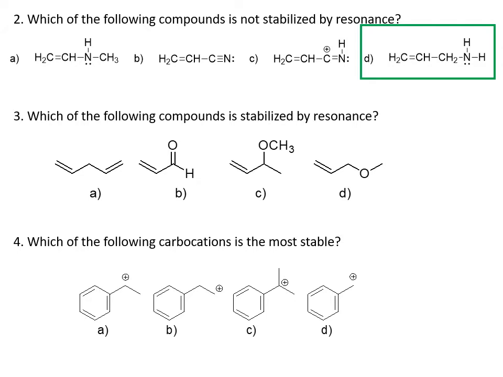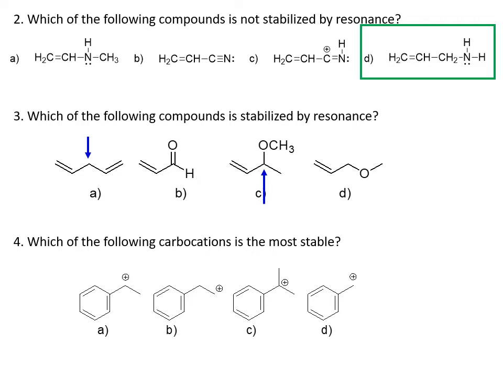Question number 3. Which of the following compounds is stabilized by resonance? So opposite from the previous one. Now only one will be stabilized. If you look at the first one, A, there is an sp3 carbon between two double bonds, so there can be no resonance. In B, we have two double bonds next to each other, conjugated double bonds, so that's resonance. But we should check the rest to make sure that B is the correct answer.